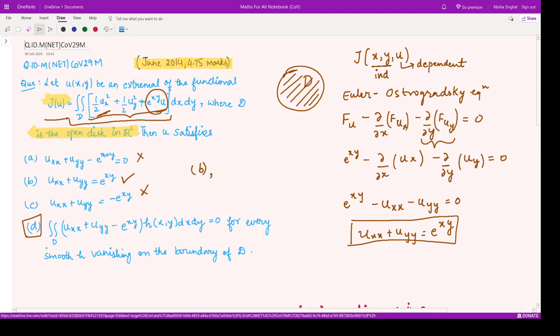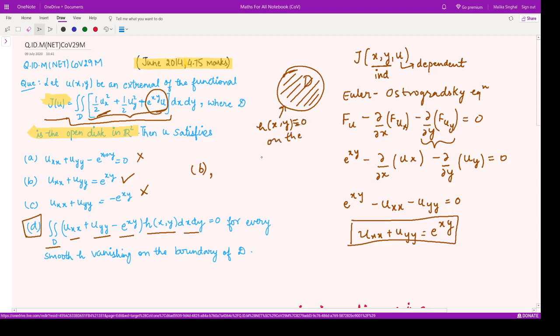That is the double integration over D of (u_xx plus u_yy minus e to the power xy) h(x, y) dx dy is equal to 0 for every smooth h vanishing on the boundary of D. So, you have a smooth function h of x, y which vanishes on this boundary, that is, it is equivalent to 0 on the boundary.